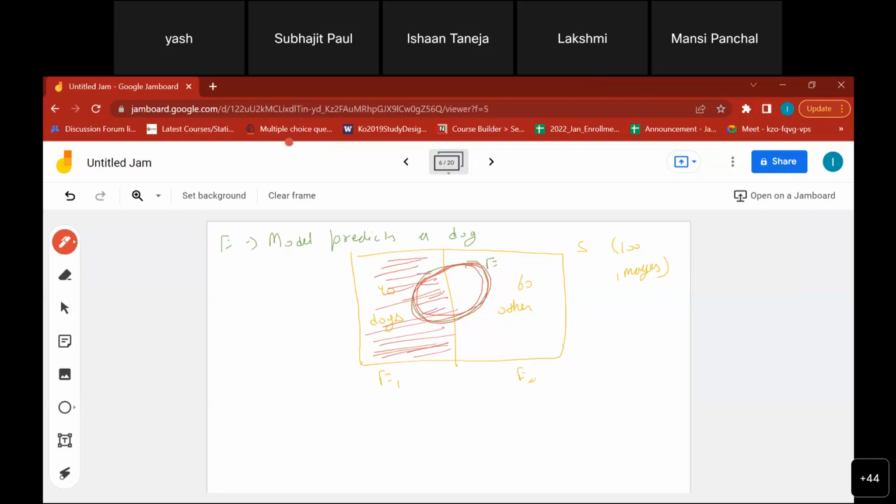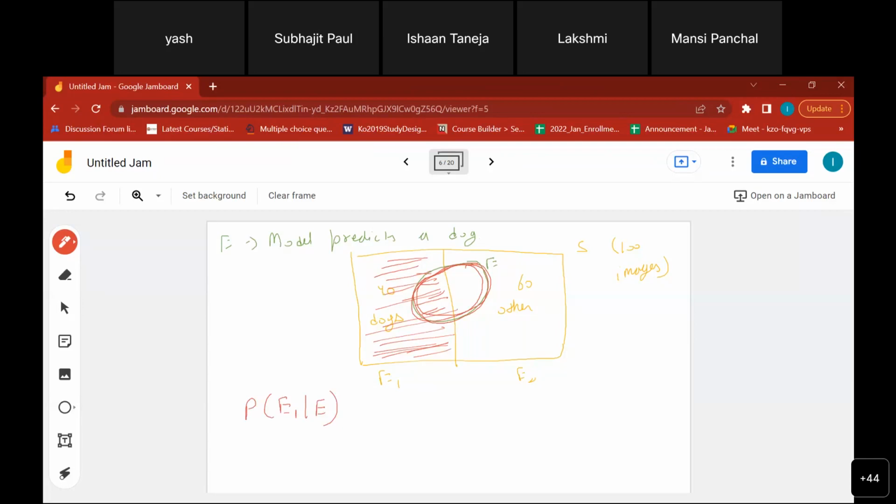Are you guys able to visualize it and understand why it is a Bayes theorem question? Yeah. Means we are taking the probability of event E1 when E has happened. Okay, so what we need to find is the probability of E1 given E, which means the probability that the image is of a dog given the model predicts it to be a dog, right?